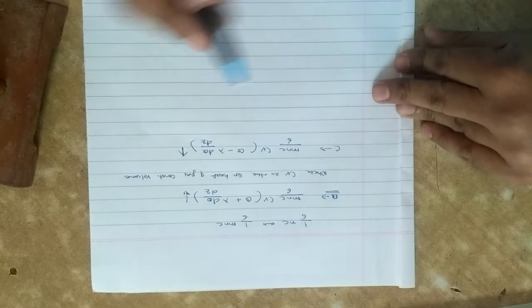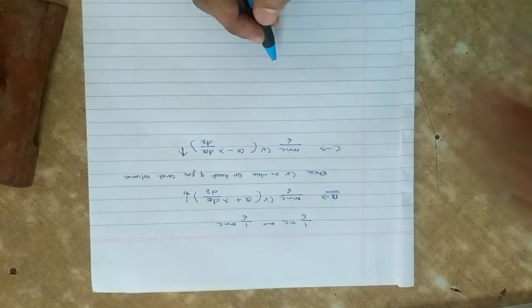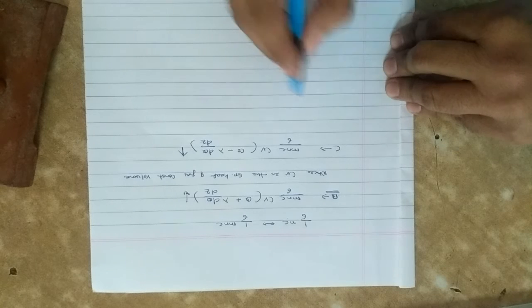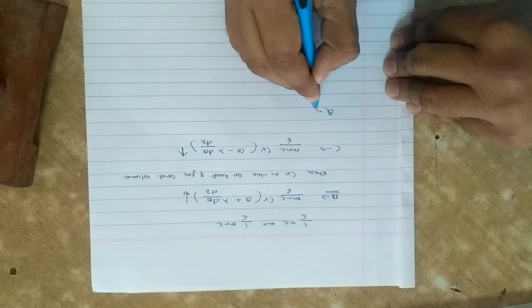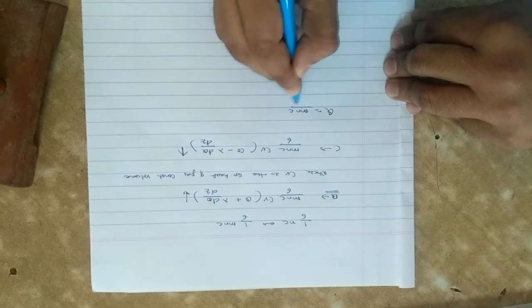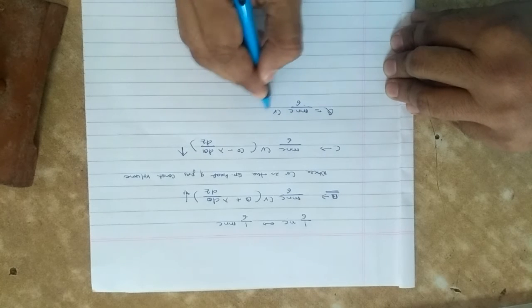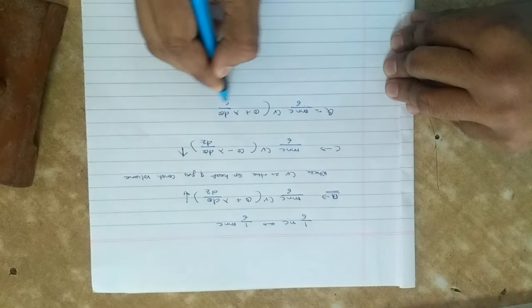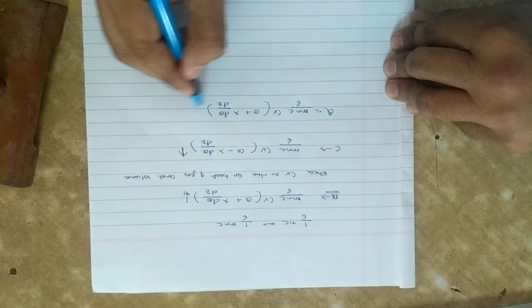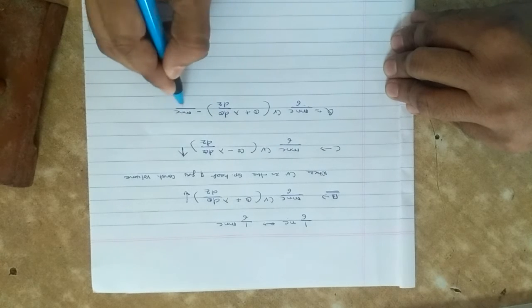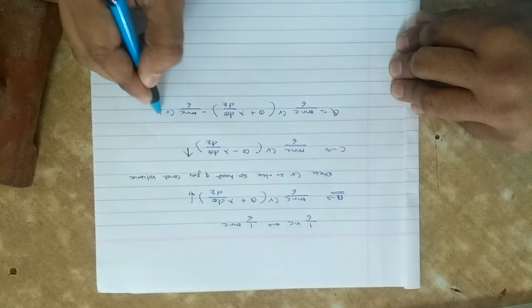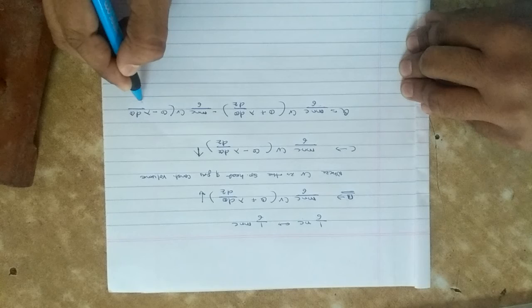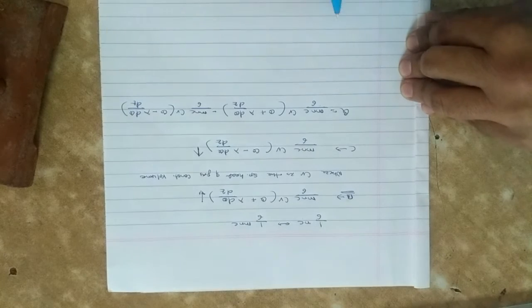Therefore, the net quantity of heat Q transferred per unit area per unit time in the downward direction is Q = mnc/6 CV (θ plus λ dθ/dz) minus mnc/6 CV (θ minus λ dθ/dz).